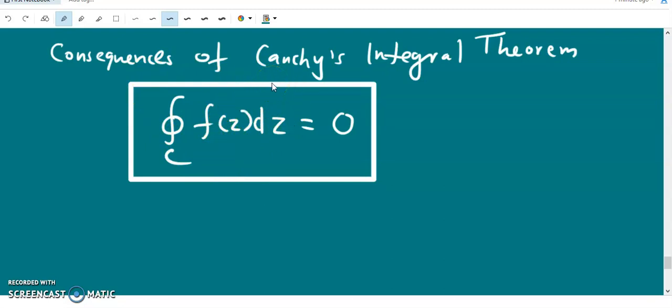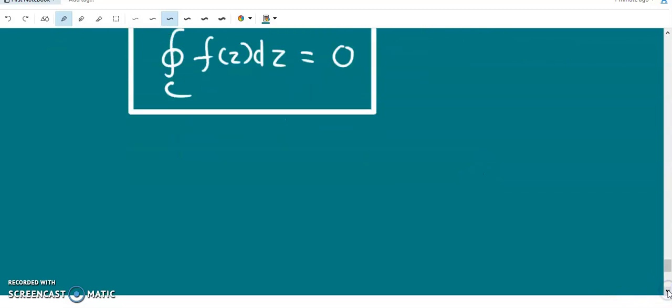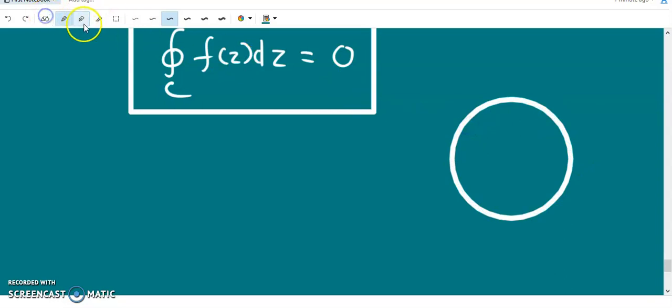It is given by: suppose f of z is single valued and analytic in a simply connected region R. So suppose we have a simply connected region R and f of z is analytic and single valued over here.